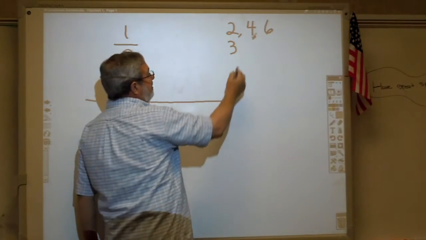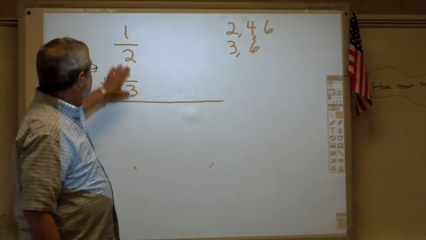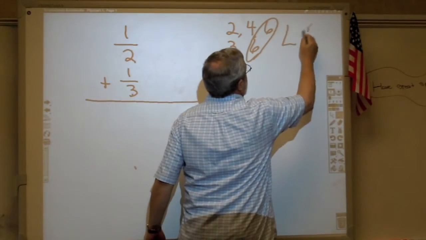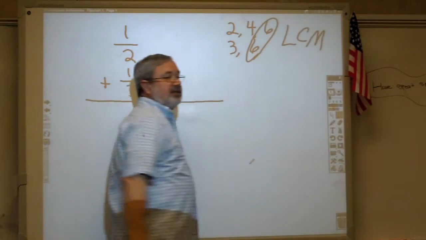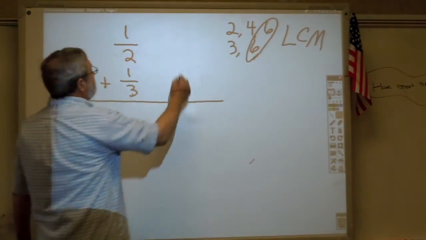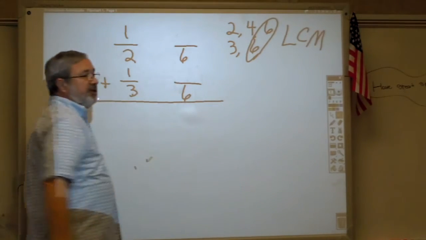And if I count by 3s, 3 and 6, well, already I have a match. That tells me my least common multiple, which we'll refer to as LCM, least common multiple, will be 6. That means both of these fractions need to be changed to something over 6.